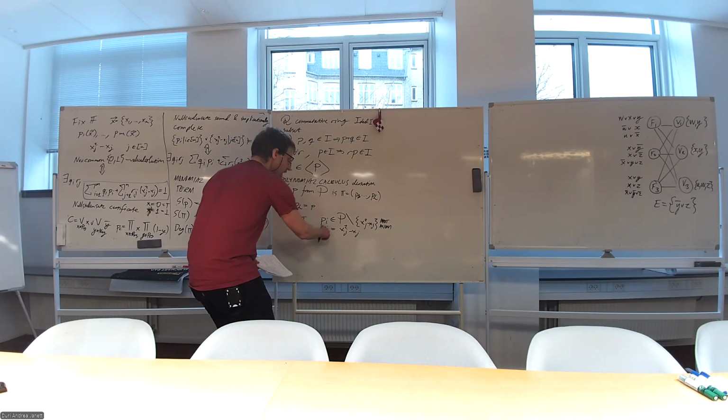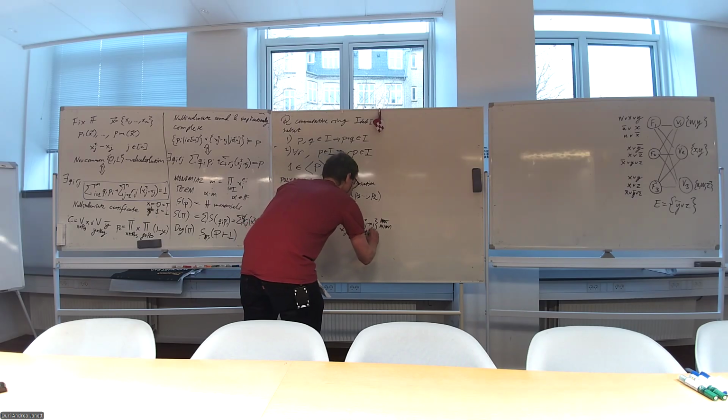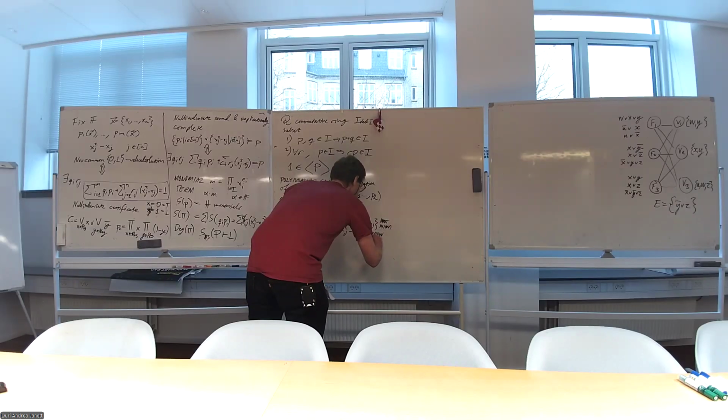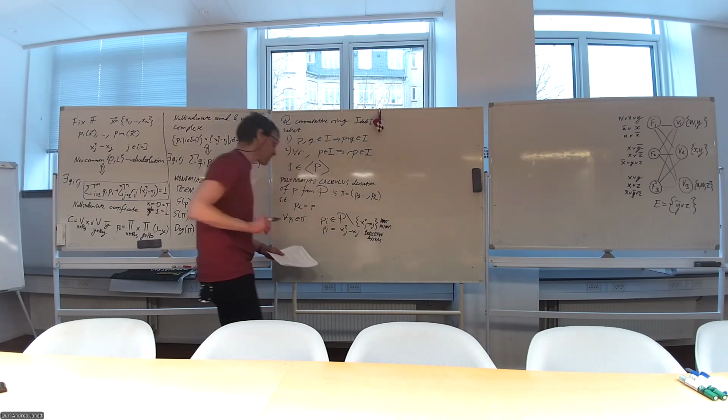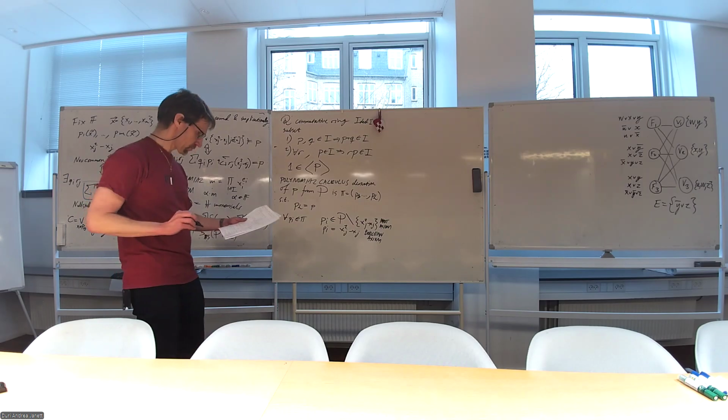And if Pi happens to be xj squared minus xj, I'll call it a Boolean axiom. I want to distinguish these, and one reason is that we'll get rid of them soon.